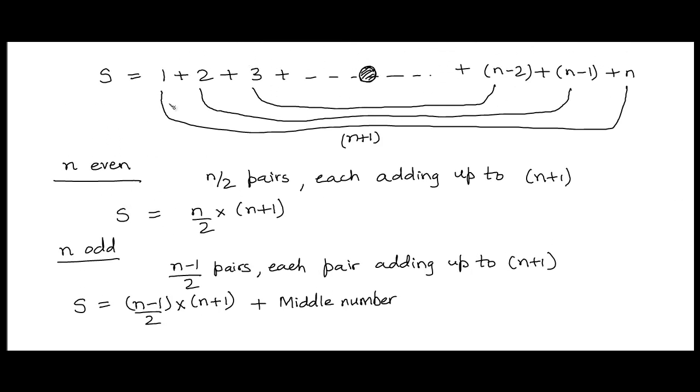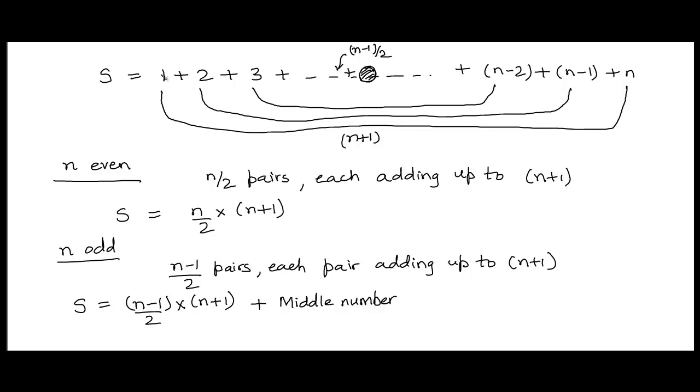Well, we know that there are n minus 1 divided by 2 such pairs, and the values of the numbers here on the left hand side are 1, 2, 3 and so on. So the value just before the middle element would be n minus 1 divided by 2, because that's the number of pairs we have, and the left endpoint of each pair is basically that number itself.